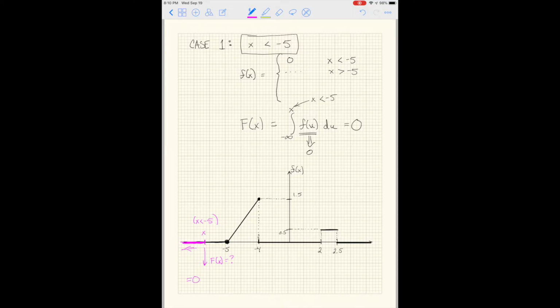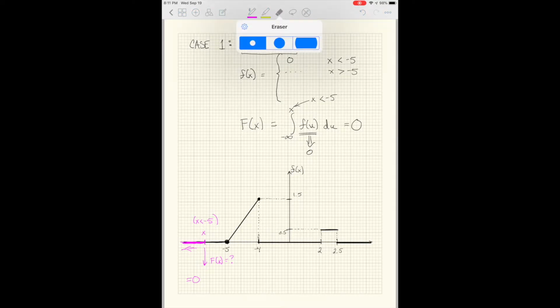So basically, it's as if I could erase or cross out, however you want to think about it, everything else that is to the right of this x.